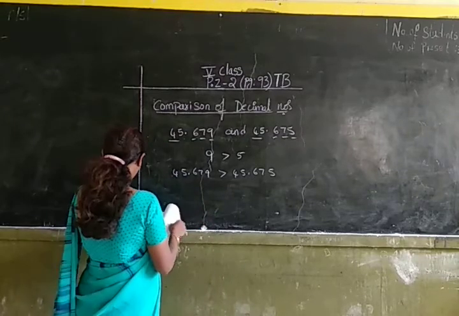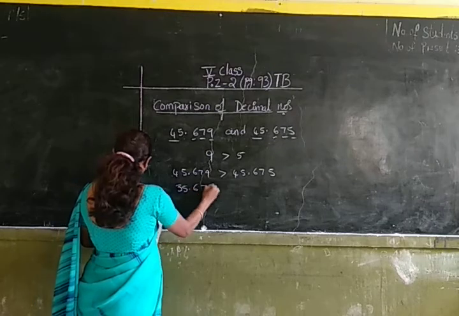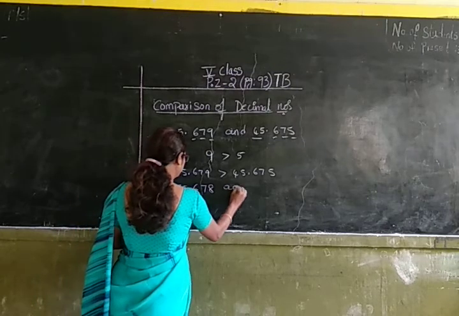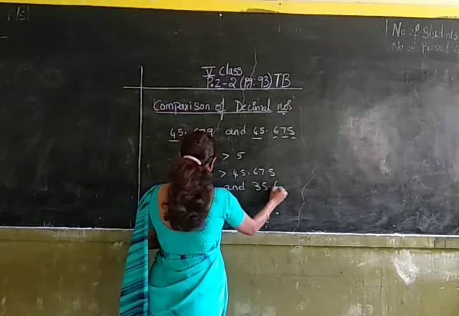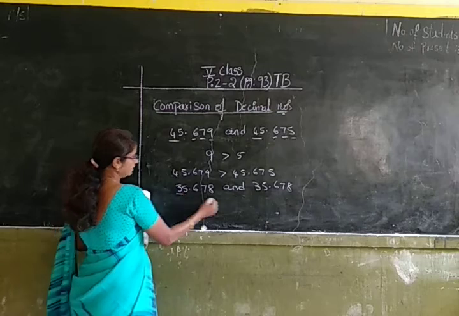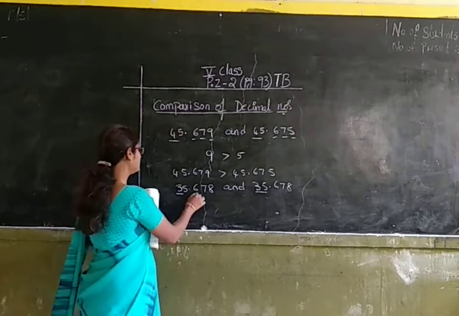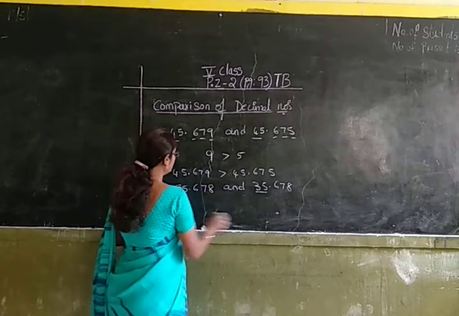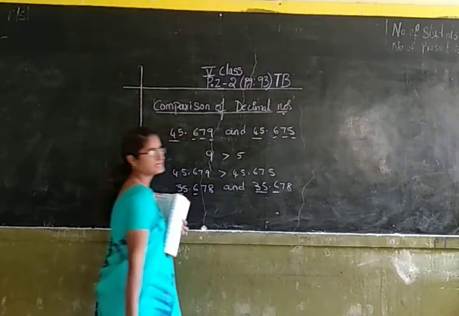Let us do one more sum, that is 35.678 and 35.678. So here let us compare the whole number part. The whole number part of both the numbers is same. So let us compare the decimal part. In the decimal part, both the numbers are having 6 in the tens place.